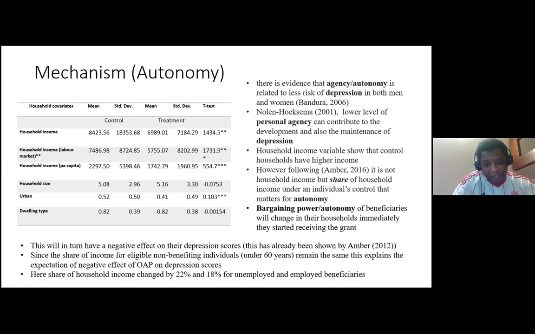So here, the share of household income for beneficiaries changed by 22% and 18% for unemployed and employed people. And since the share of income for people that otherwise qualify for the grant but are not benefiting because they are below the age of 60 has not changed from what it used to be, this difference is what we think is driving the result we are picking up.